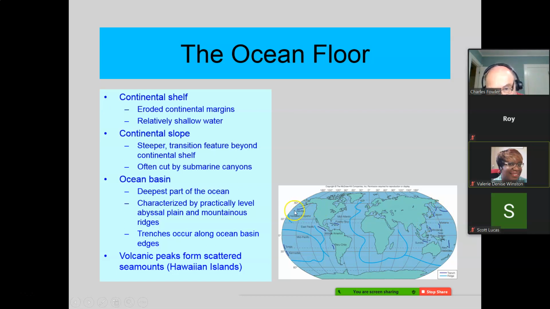Aleutian Trench on the outskirts of the Aleutian Island Arc island chain. So those are some of your trenches. They mention trenches here, and they kind of mention the ridges in the earlier slide. Okay, but that's what they're getting at here.